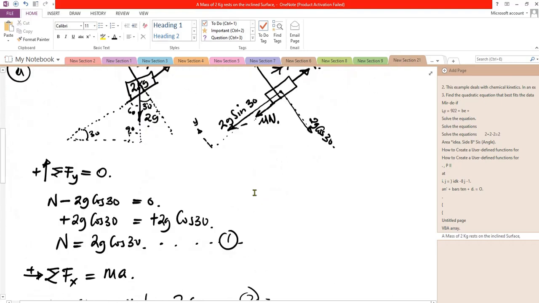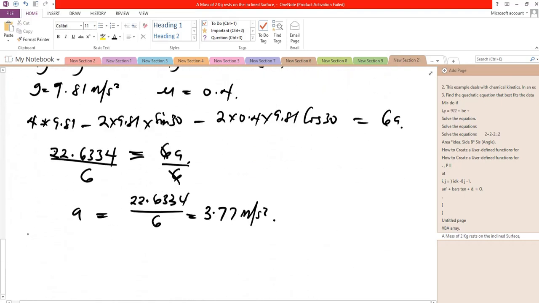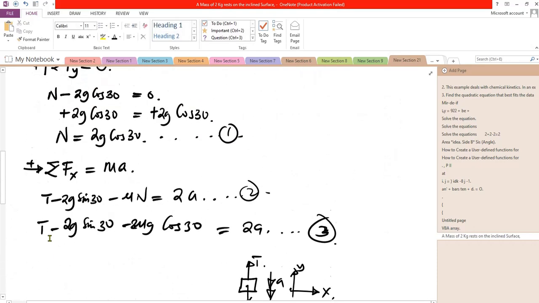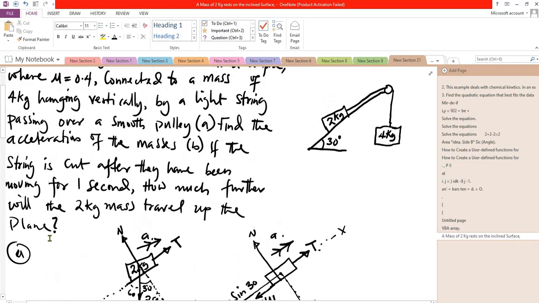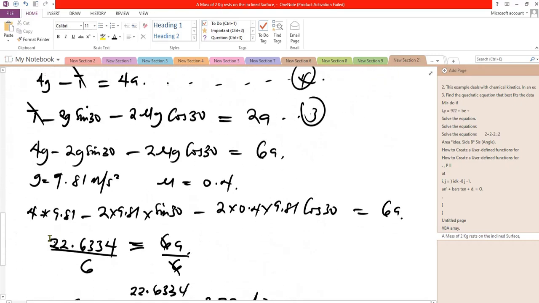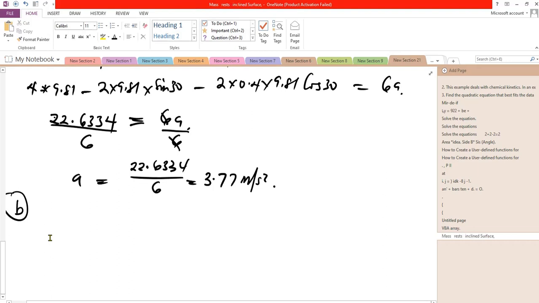This is our A part, this is the B part. In the B part, they are asking how much further will it move.